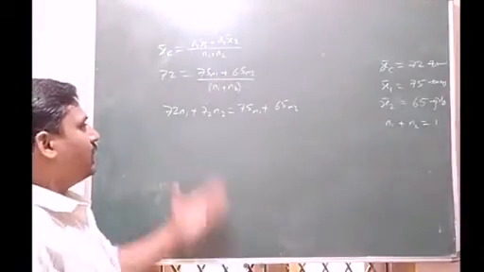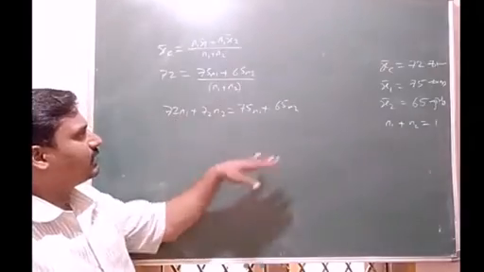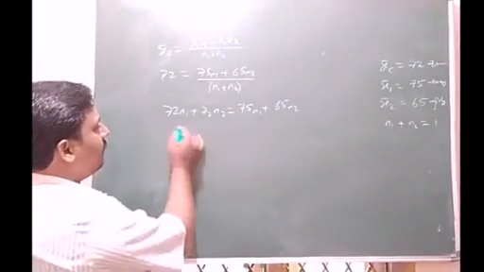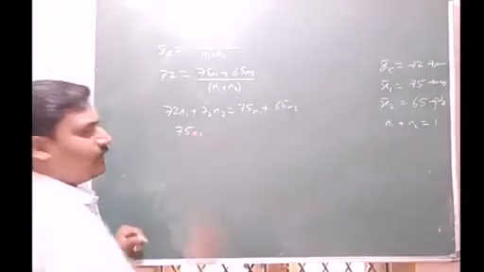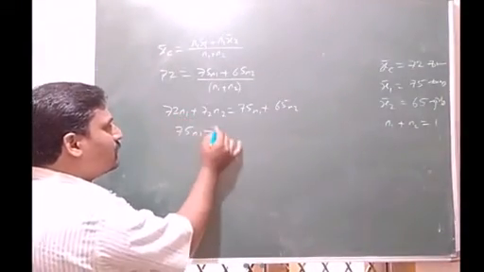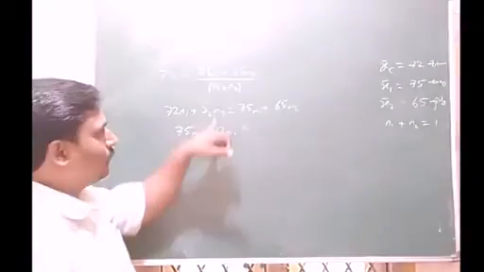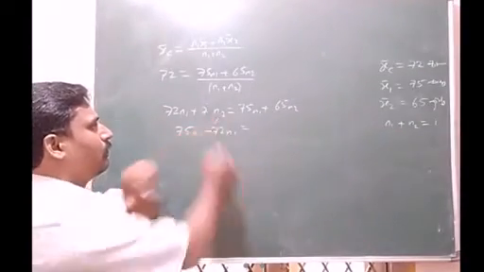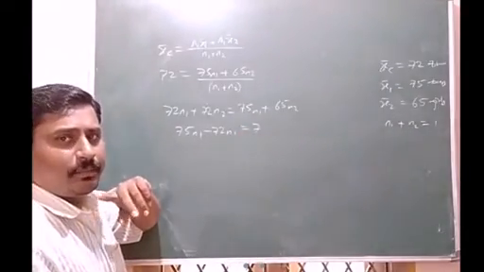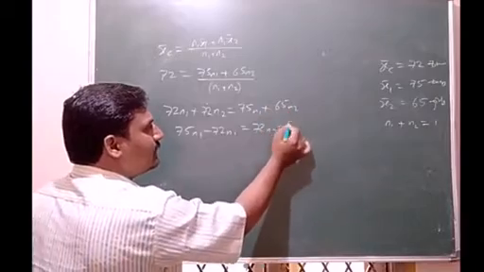So make the common terms one side. We'll take N1 to one side and N2 to the other. So it becomes 75 N1 minus 72 N1 is equal to 72 N2 minus 65 N2.